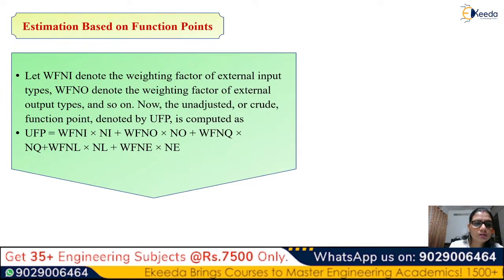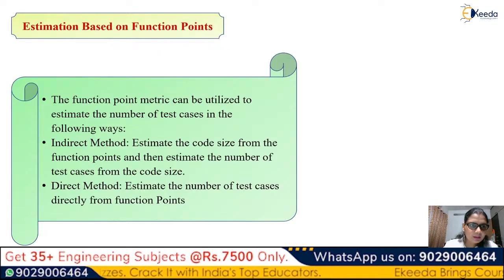Now you try to define your function point, which is the unadjusted or very crude function point. The weighing factors, along with the components, are multiplied and all of them are summed together. With the summation of this, you will get your UFP, your estimate based on function points.